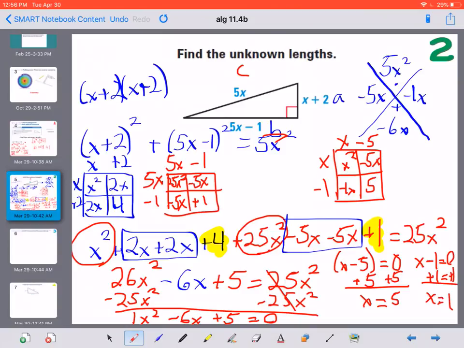Now one of those answers will be correct. So if we know that x could equal 5 or x could equal 1, we would have to put those numbers into our triangle and see which ones add up to equal the right thing.